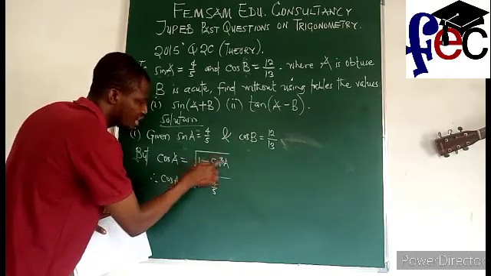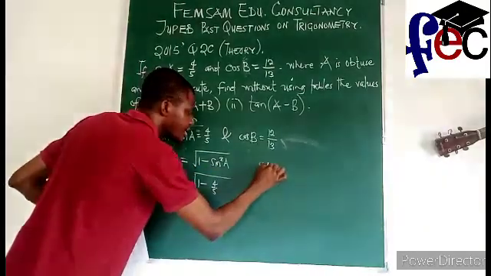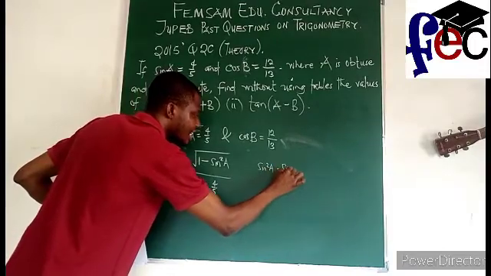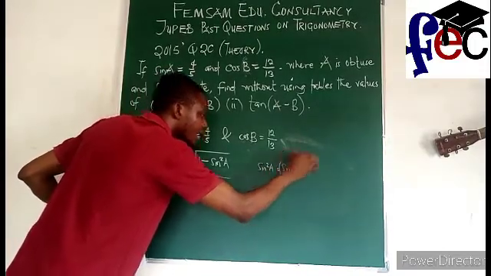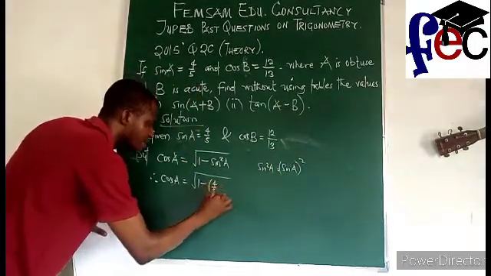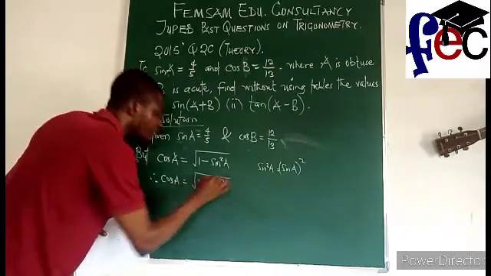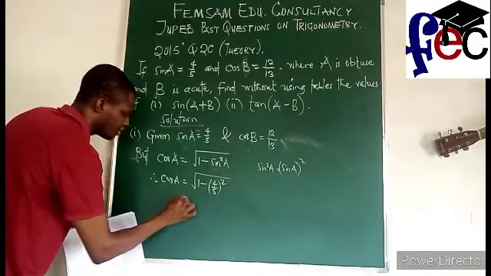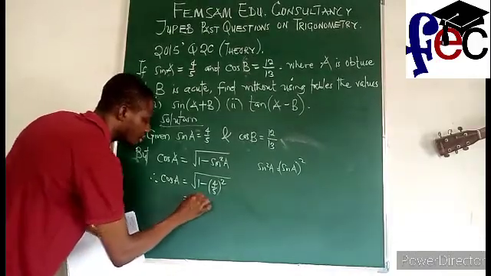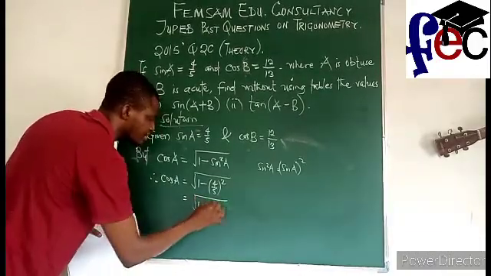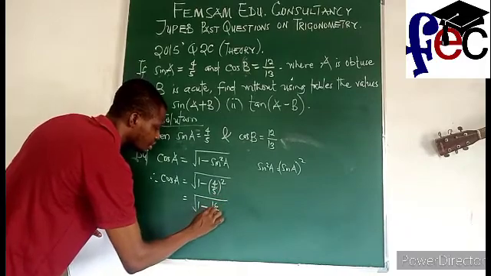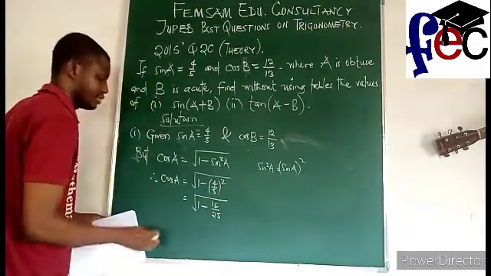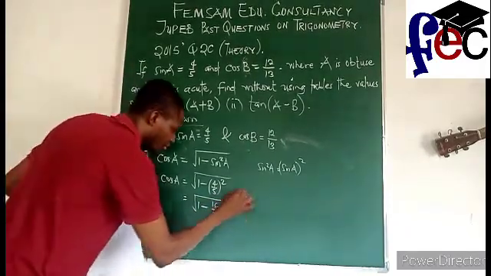Take note, sine square A is the same thing as sine A all square. So that means I can take the square of 4 over 5 for sine square A. So this will give me square root of 1 minus 16 over 25. And this will give me what now?